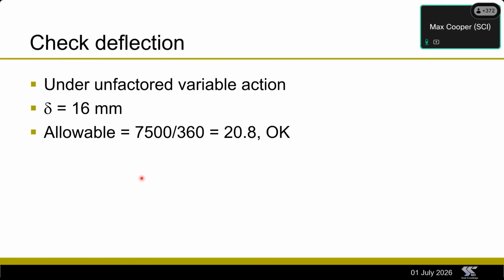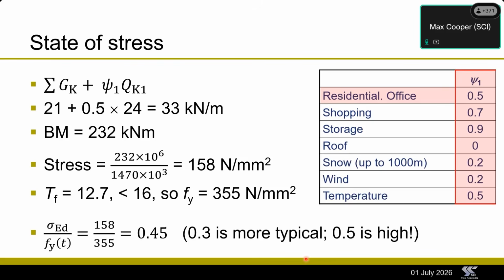We first check our deflection. Deflection is 16 millimeters, and our allowable is span over 360, 20.8 millimeters. So therefore, we're meeting that check. We now check the state of stress using the combination described before. We've got 21, the unfactored permanent load.